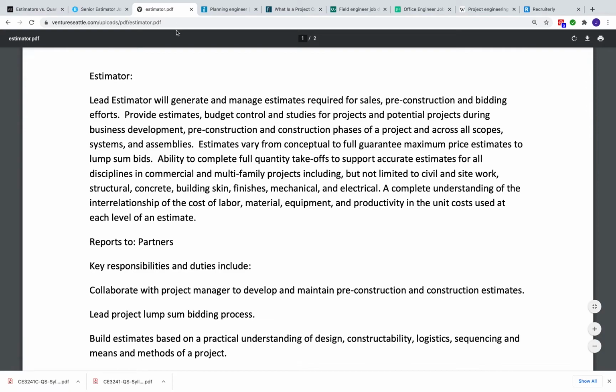And what is an estimator? So an estimator will generate and manage estimates required for sales, pre-construction, and bidding efforts, provide estimates, budget control, and studies for projects and potential projects during business development, pre-construction, and construction phase of a project, and across all scopes of system and assemblies.